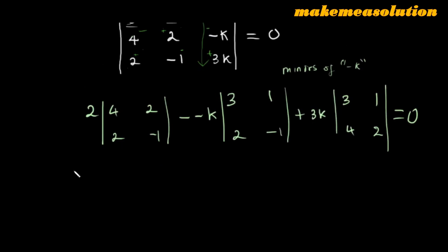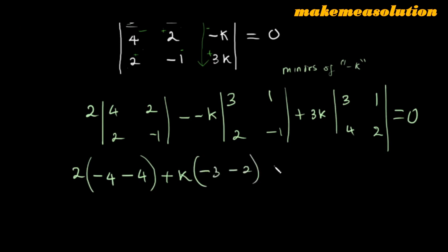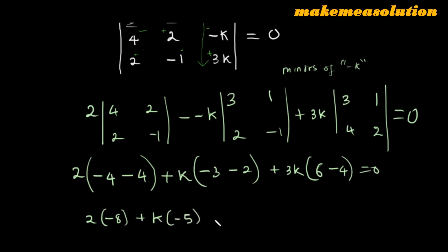So let's solve. We have 2 into, evaluating this, I'll have -4 minus 4, plus k into, this time this is negative 3 minus 2, and plus 3k into 6 minus 4 equal to 0. Evaluating this, you have 2 into minus 8, and plus k into minus 5, and plus 3k into 2 equal to 0.